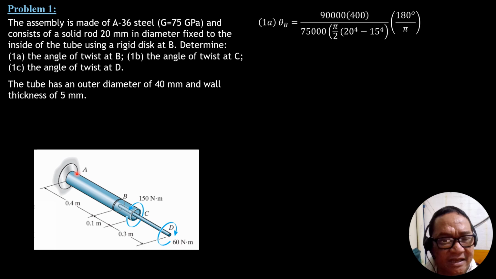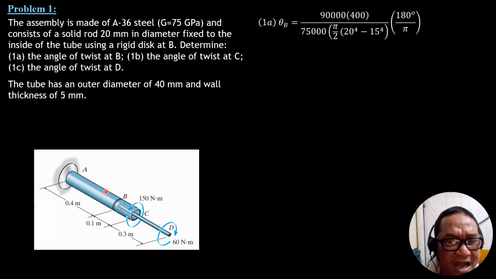It should be negative, but I'll just treat it positive, so that the angle of twist can be expressed positively also. So what's important is in portion AB, the torque is 90 Newton meter.